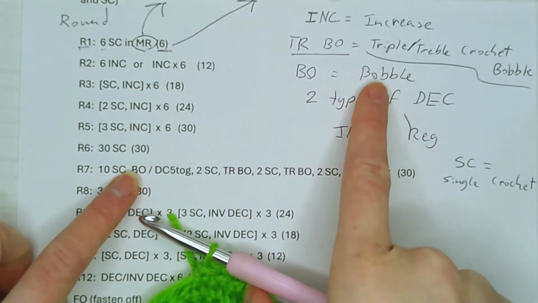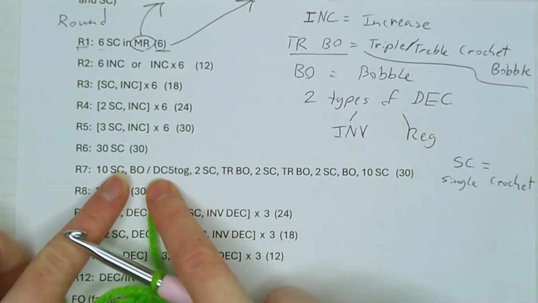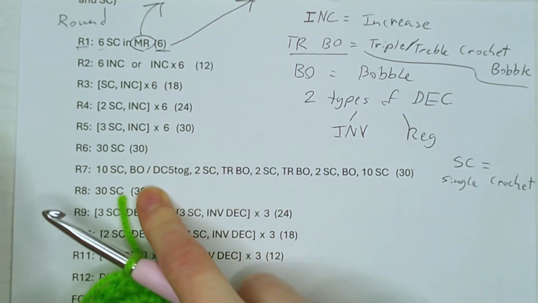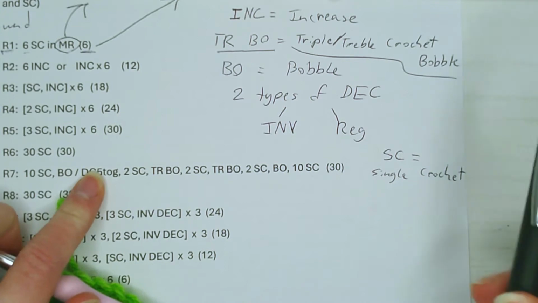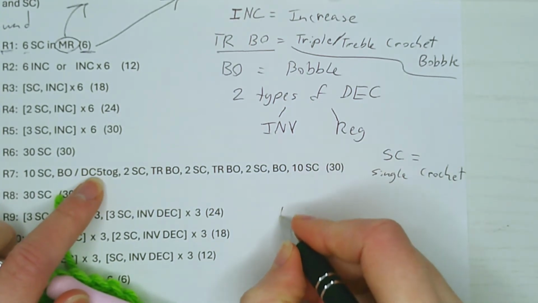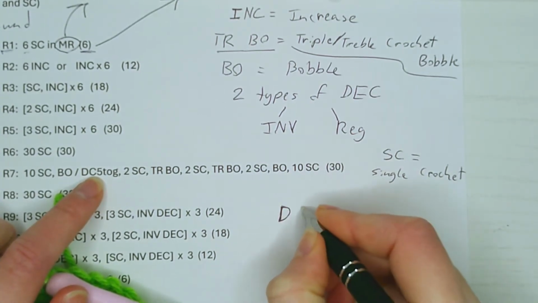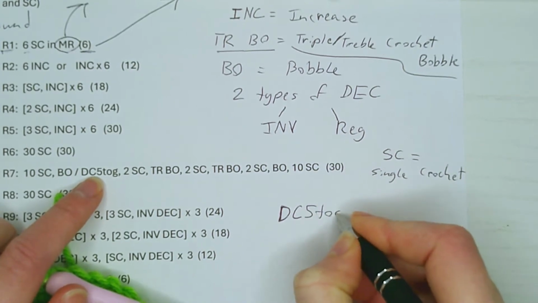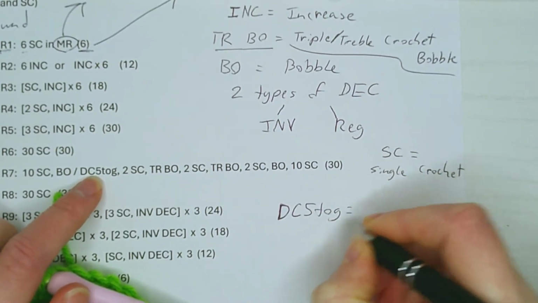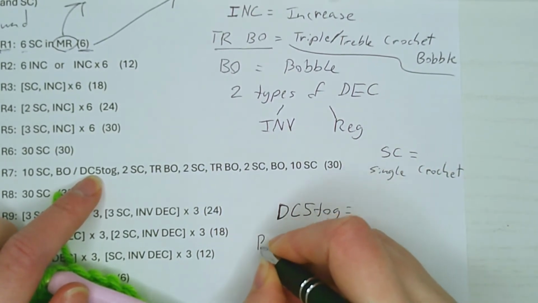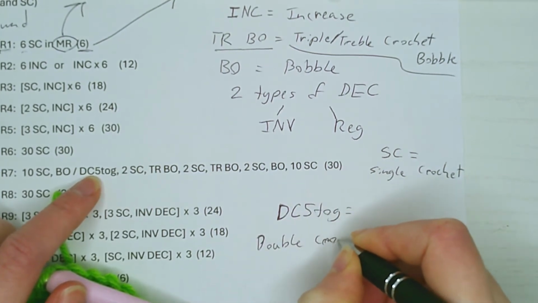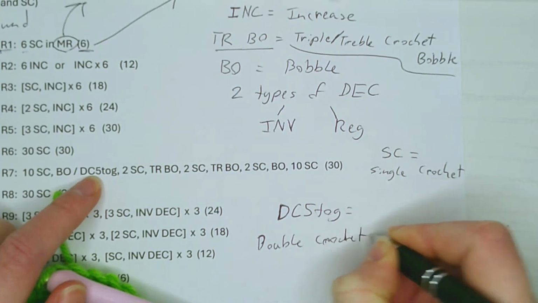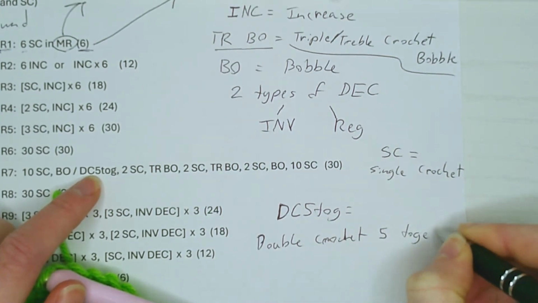So BO stands for bobble, and then it has this slash, so or DC5 tog. So what does DC5 tog mean? DC5 tog just stands for double crochet 5 together.